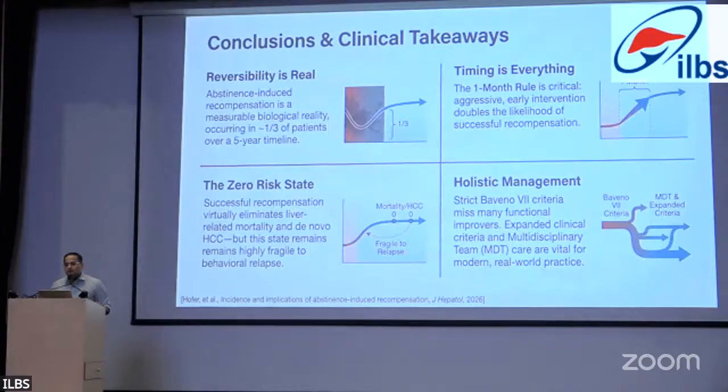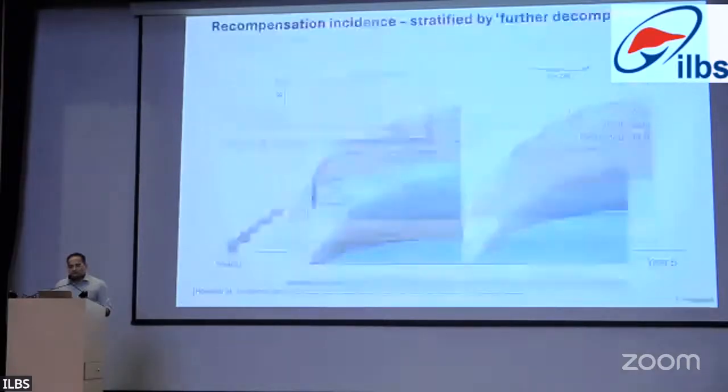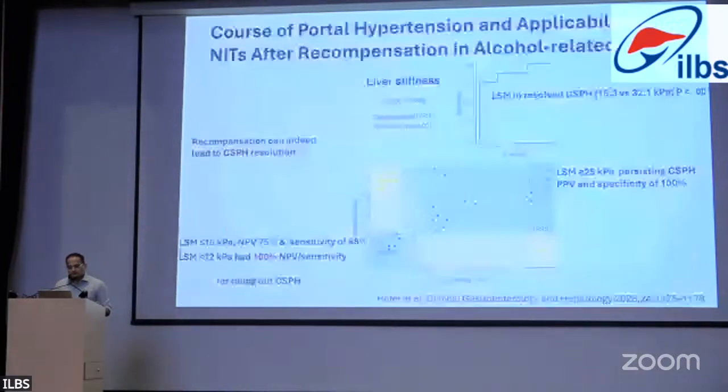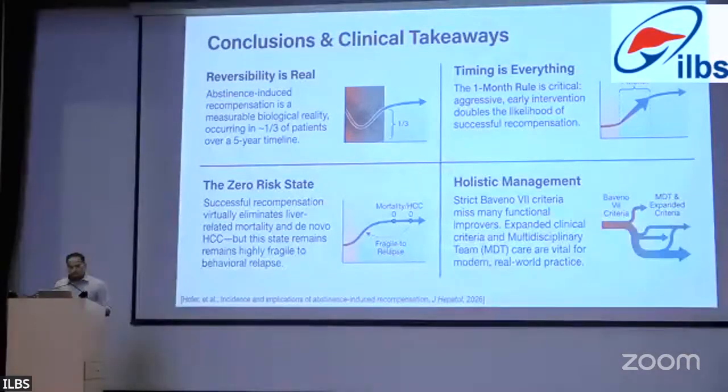Going back to the concept of recompensation, in the JDAP paper, did they include the jaundice reversal? Because decompensation does not include jaundice now. Yes, sir. So a person has no ascites, no varices, no bleed, or no HE, but has jaundice, alcohol.